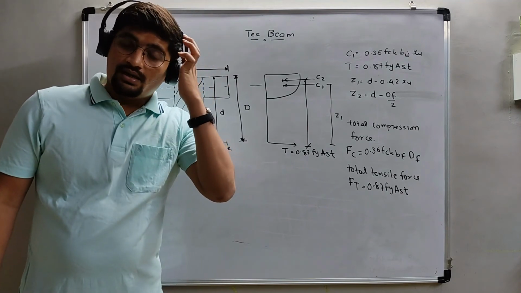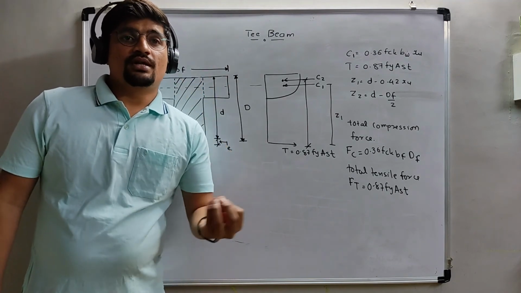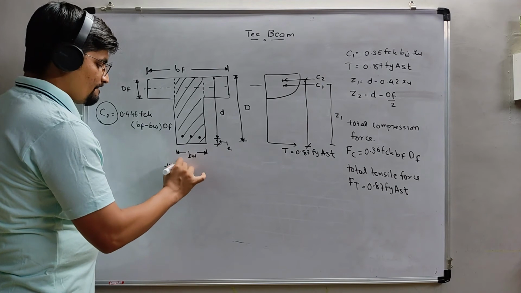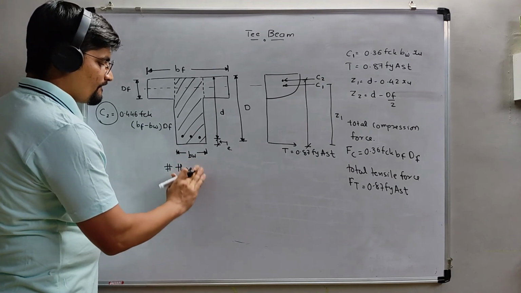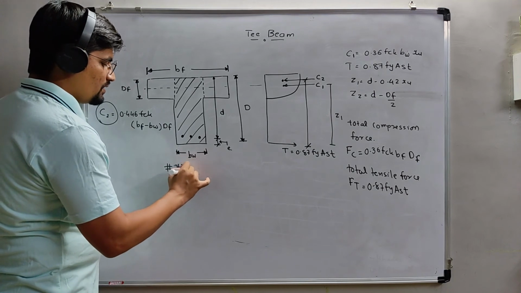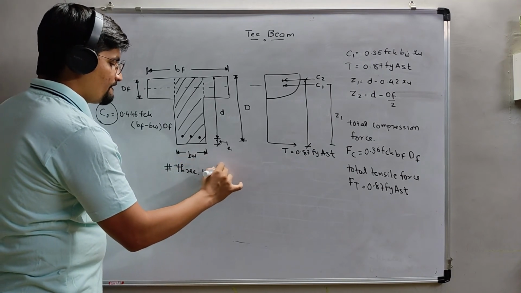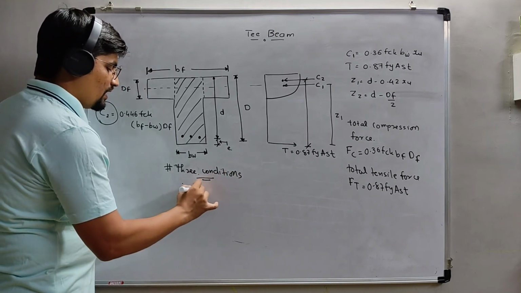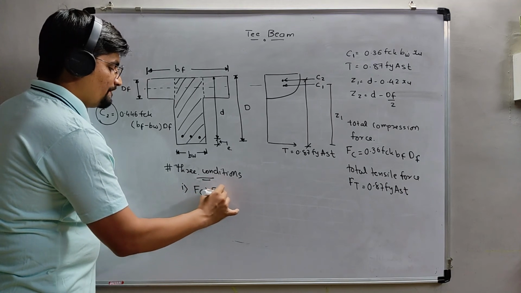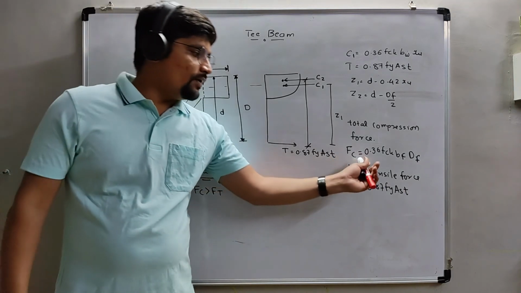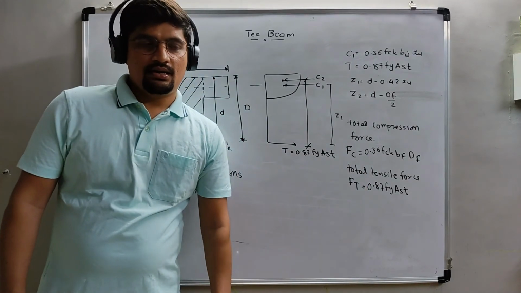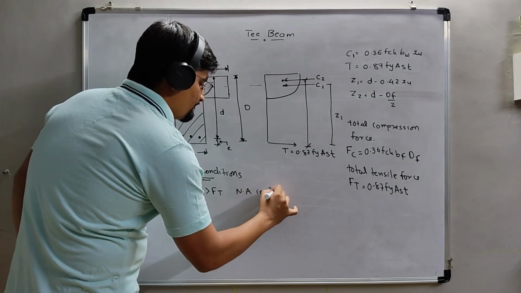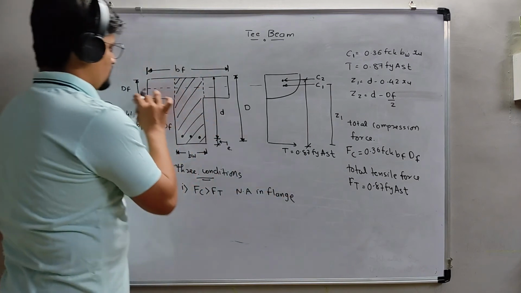Okay, so how will we confirm where the position of the neutral axis is? There are three conditions. First, if Fc is greater than Ft, it means the force of compression is greater than the force of tension, then the neutral axis will be in the flange portion, meaning here.